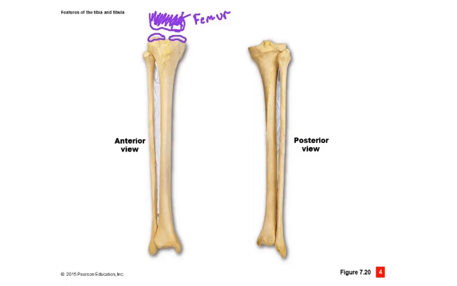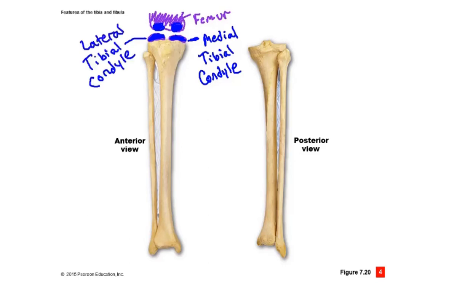There's two of them because the femur has two condyles to match up with the two condyles of the tibia right here. So this condyle would be on the medial side. So it would be the medial tibial condyle. And so of course this other one is going to be the lateral.